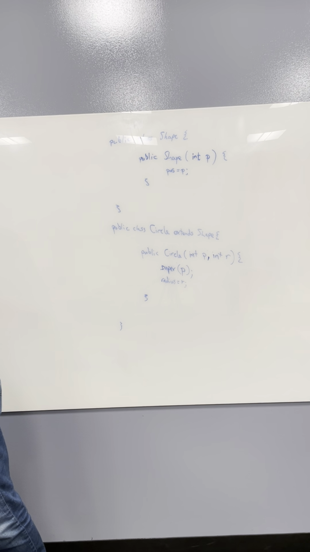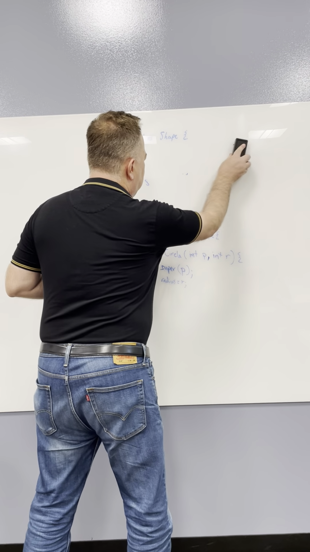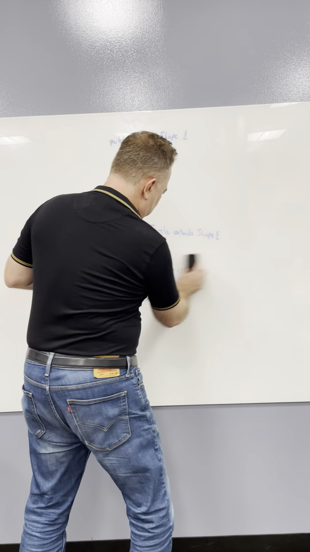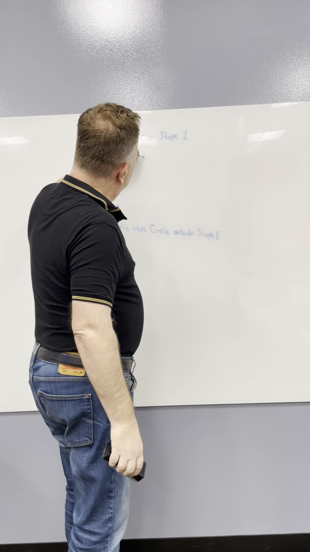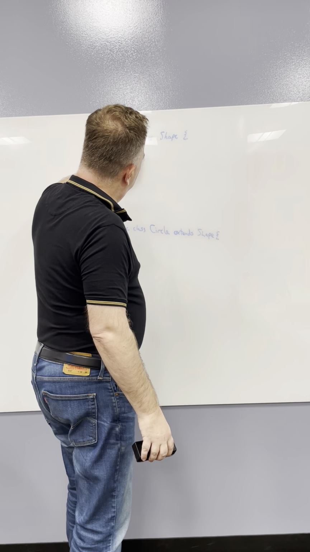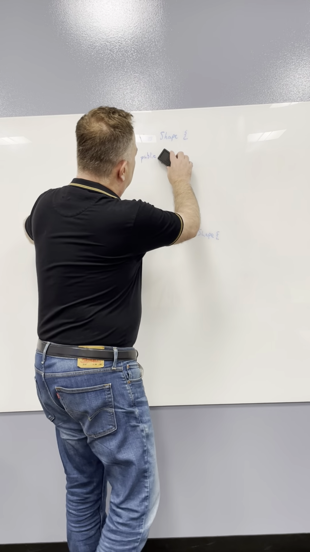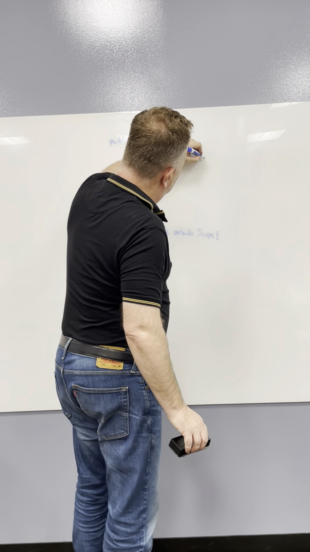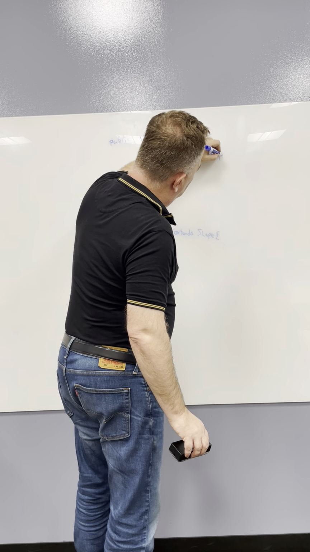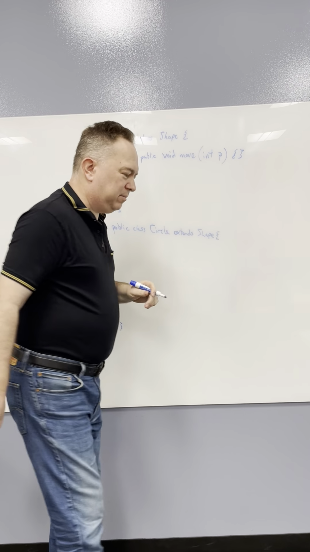Now let's talk a little bit about method inheritance. What's that? Let's pretend the constructors are already there. I've only got so much board space. Let's say there is a public void move. We've seen this before, right? And it does stuff.